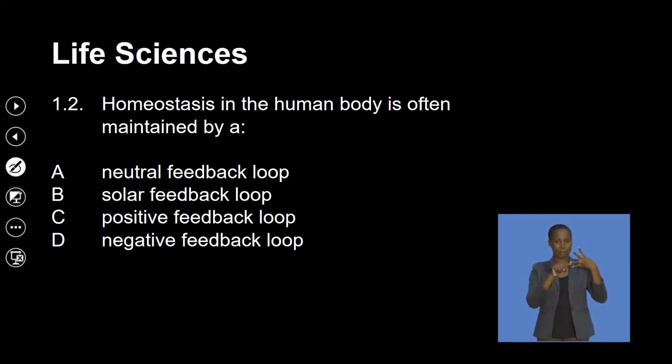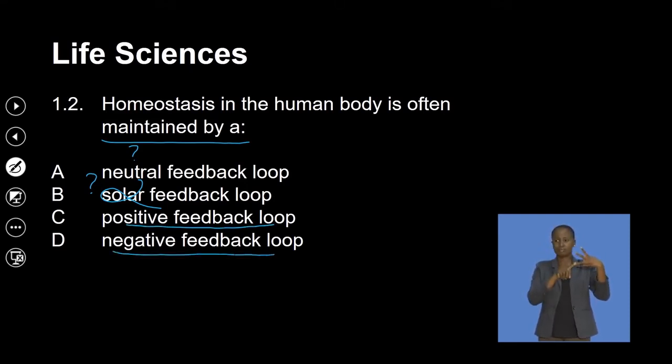The next question: homeostasis in the human body is often maintained by, let's look at them. The neutral feedback loop, I haven't heard about this. The solar feedback loop, how enlightening, but certainly not correct. The positive feedback loop, or D, the negative feedback loop.